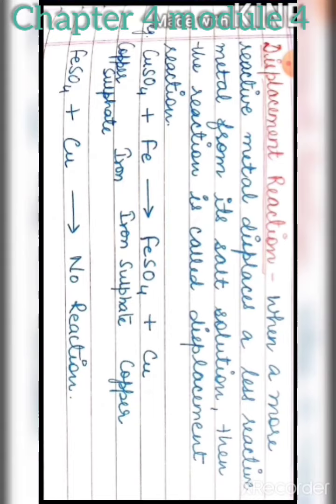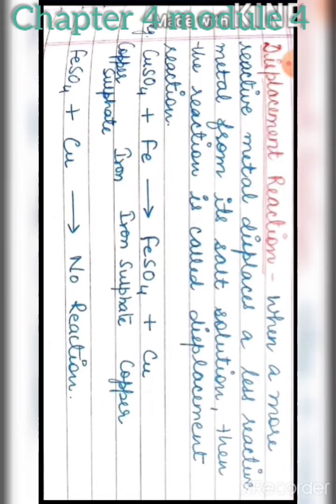When we put iron in it, the reaction will proceed and iron sulfate will be formed and copper will be left. By this reaction we conclude that iron is more reactive than copper. As a result, it has displaced or replaced copper from its salt solution and itself is taking its place.